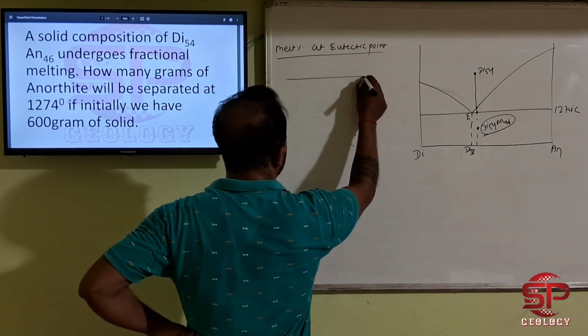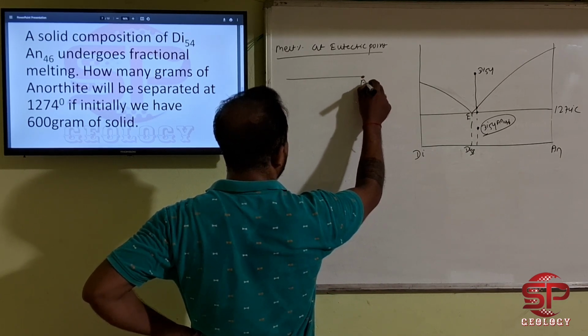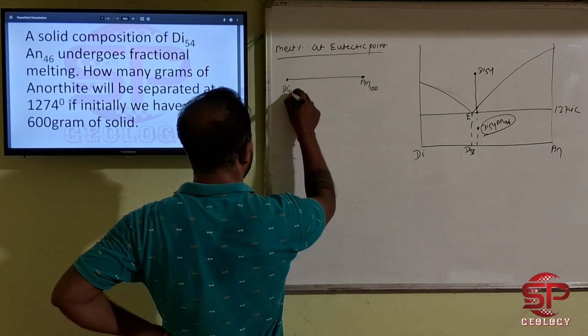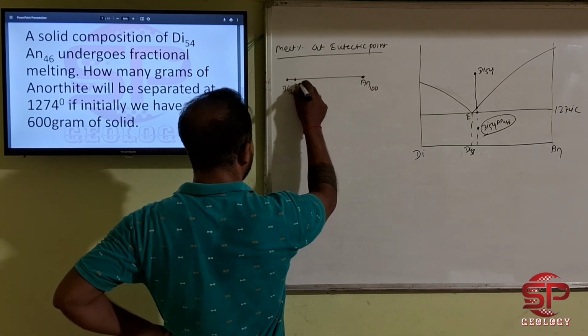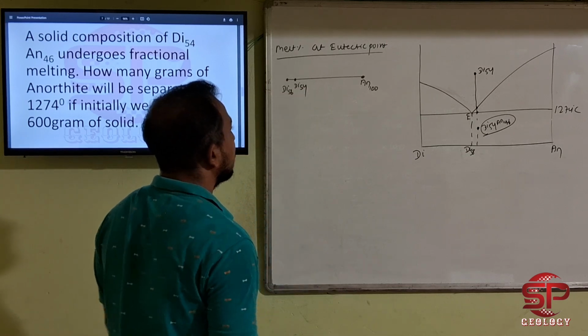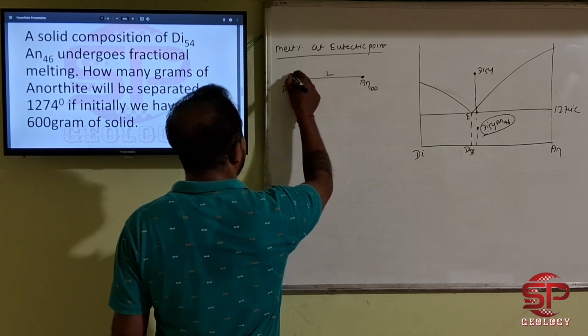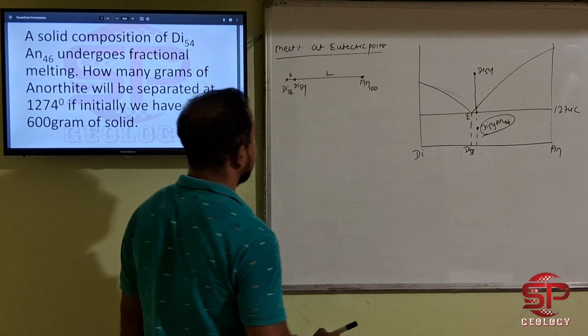So this is anorthite 100, this is diopside 58, and this is diopside 54. So I have to calculate the melt composition. This will be liquid, this will be solid.